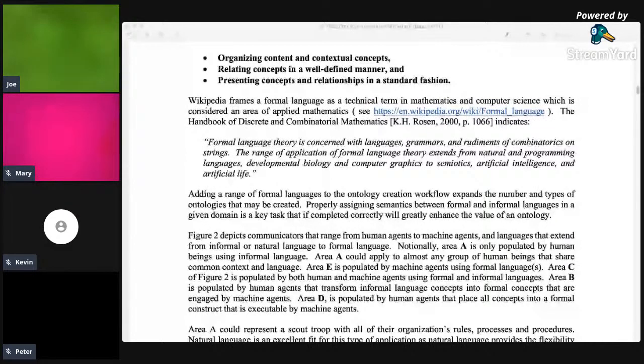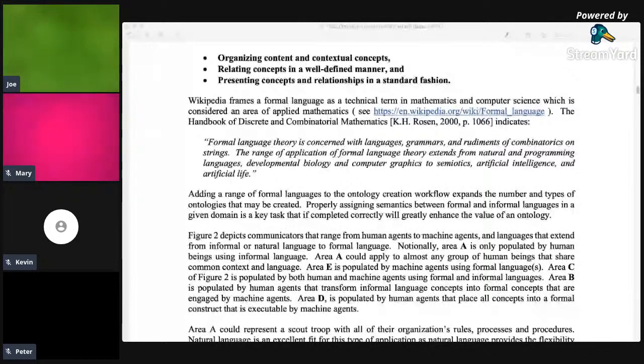And creating a situation where you can have a higher and higher density of these formal types of languages that are understood by human beings, I think is very important.